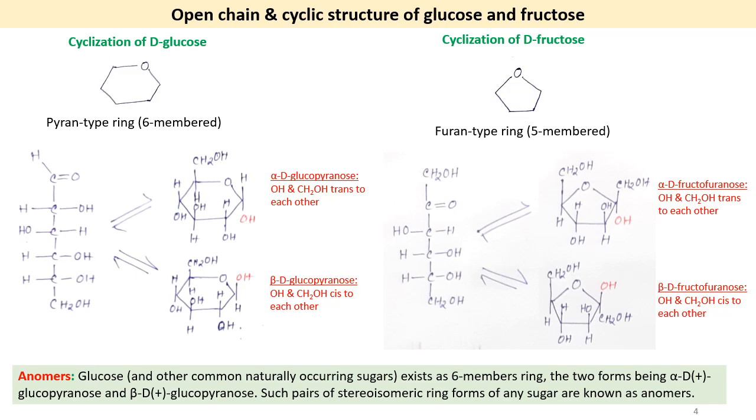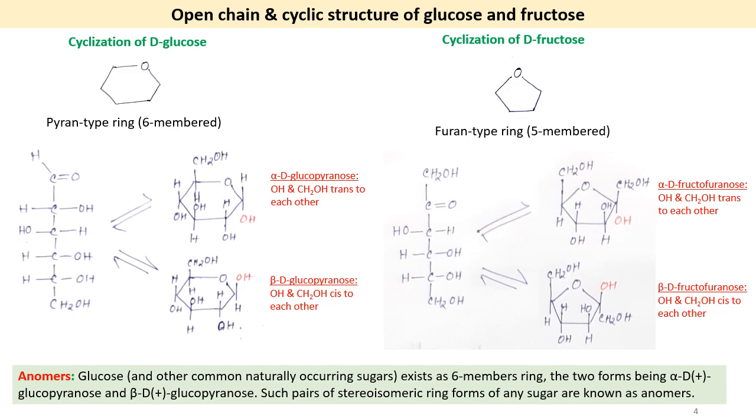So, they are not common to glucose only. We discuss the anomers with the example of glucose most of the time, but anomers are basically two different ring forms where the difference lies only at one carbon center, and usually that is the C1 carbon center, right? So, the placement or position of two substituents at the C1 carbon center in the ring form is different, and that pair is called anomers.